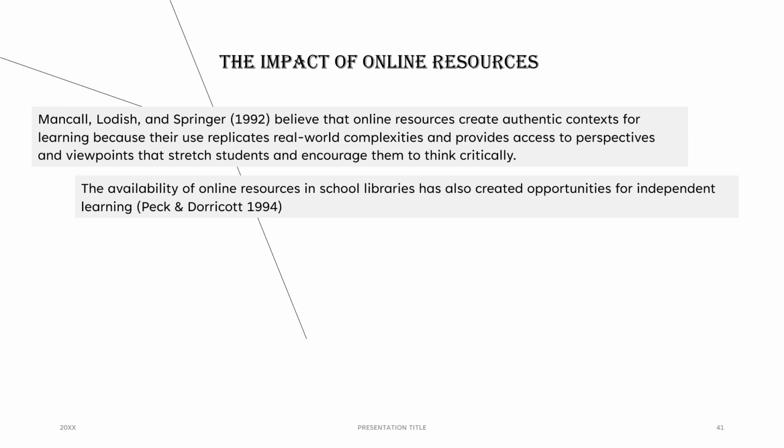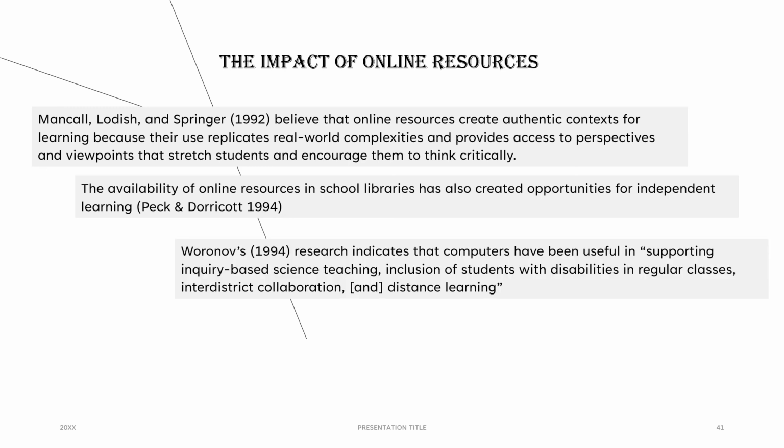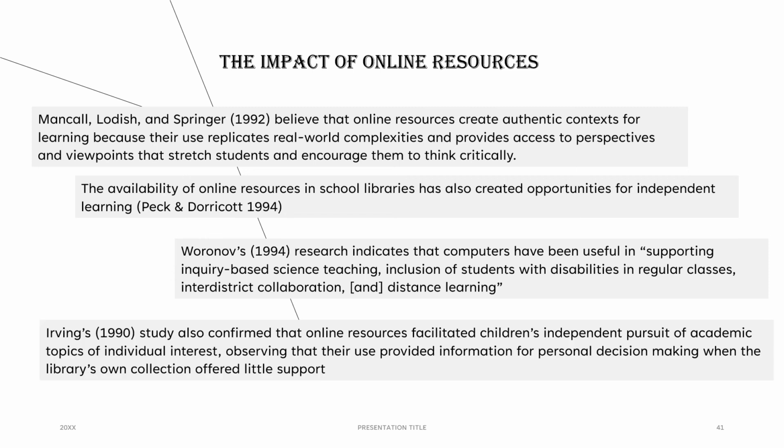The availability of online resources in school libraries has also created opportunities for independent learning. Research in 1994 indicates that computers have been useful in supporting inquiry-based science teaching, inclusion of students with disabilities in regular classes, inter-district collaboration, and distance learning.